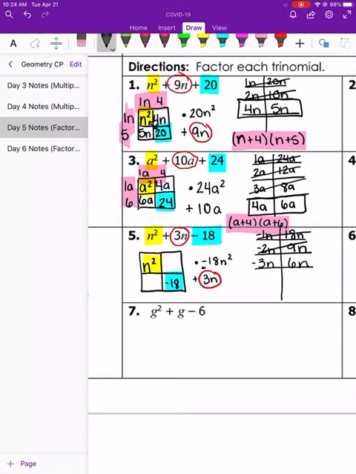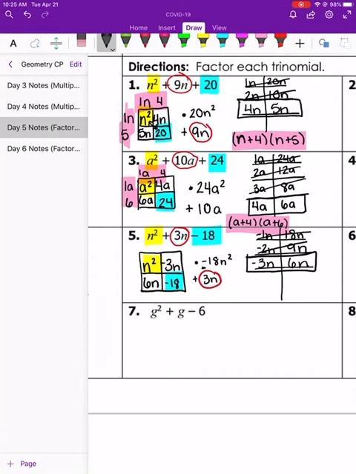Well, what does negative 3n plus 6n add to? Well, it adds to 3n, which is what we're looking for. So this is our answer. So I put a negative 3 in here and then a 6 in here.